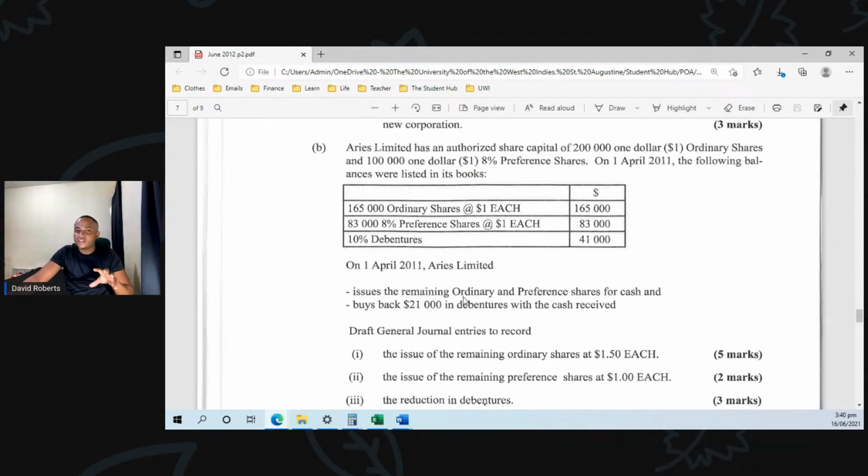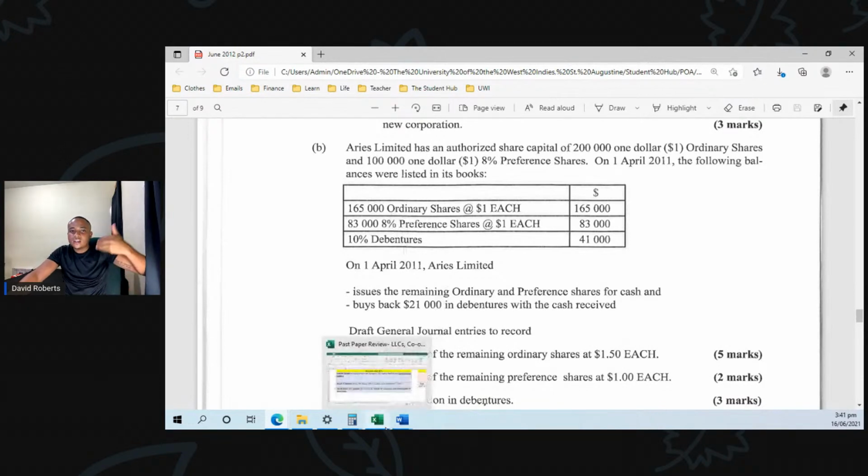That is the first question we have to find out. If we could issue 200,000 and issued 165,000, that leaves $35,000, that's correct, right? And what does that mean? We have 35,000 that could be issued.